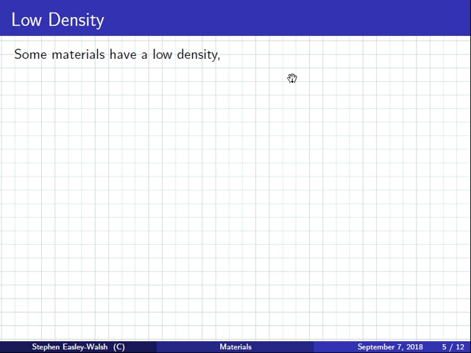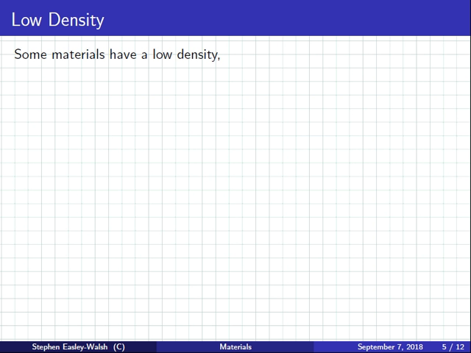What's an example of a material with a low density? Gas. Give me an example. Air. But what's air? Oxygen has a low density.